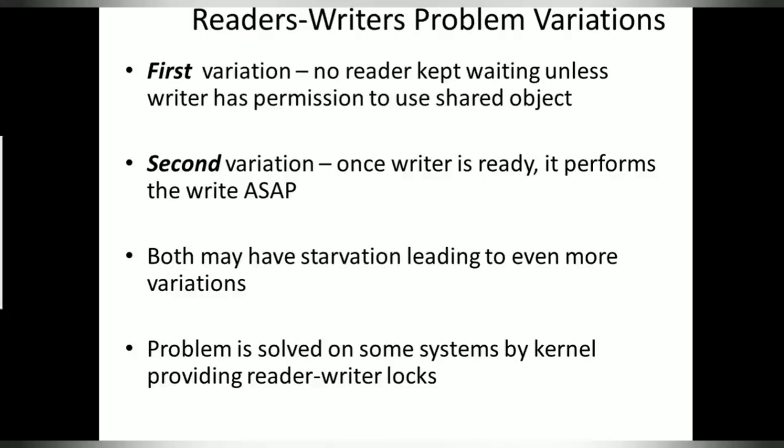If there is another reader process or writer process trying to access the shared data, it shall be denied. So the reader lock is also called a shared lock, whereas the writer lock is called an exclusive lock.